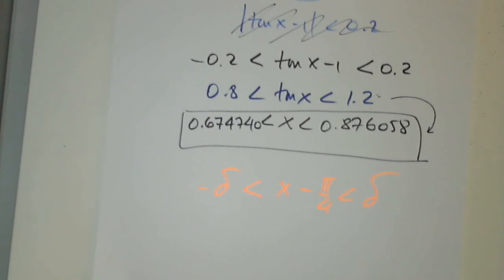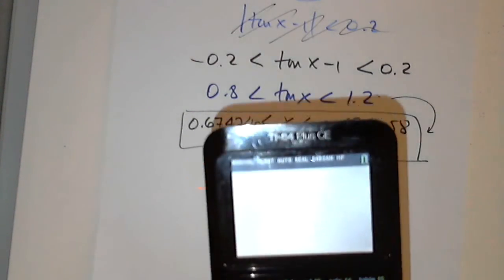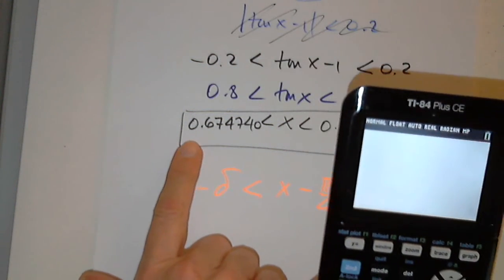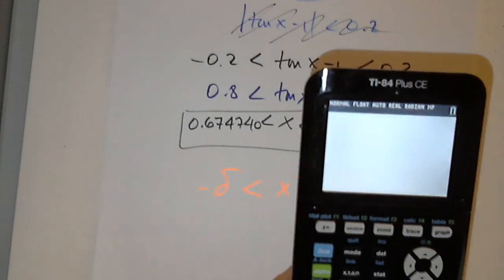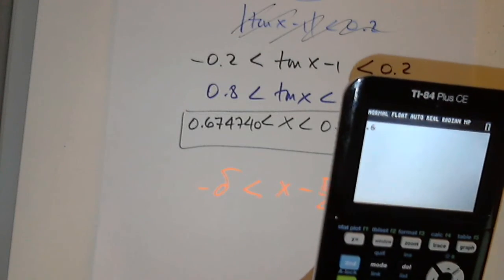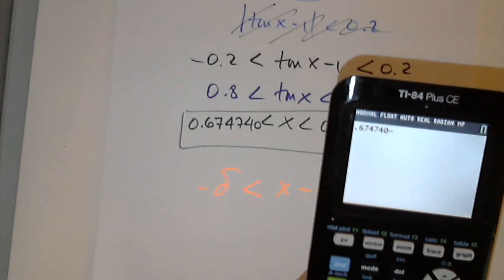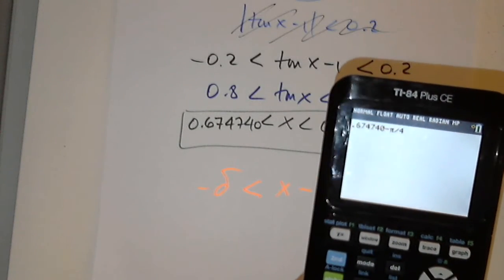Subtract pi over 4 from all three sides. Okay, I'm going to subtract, because if I do this again, it's going to take us another 5 minutes. So I will subtract from 0.67 blah, blah, blah, pi over 4. So 0.674740 minus pi divided by 4.